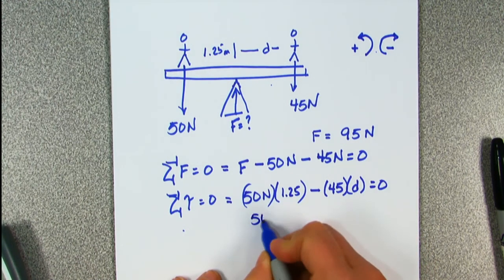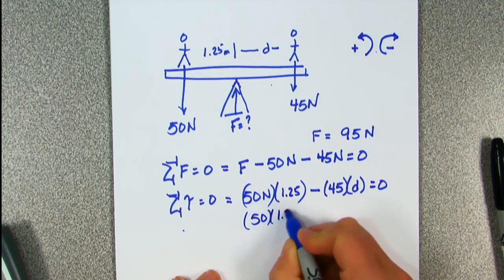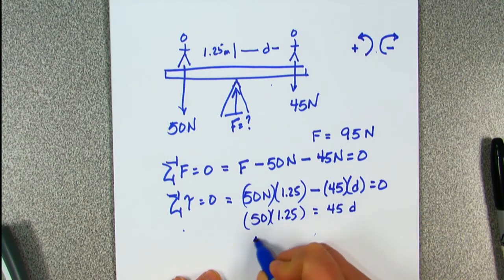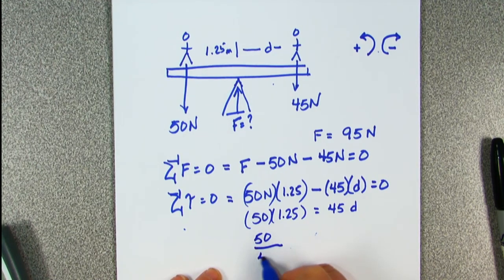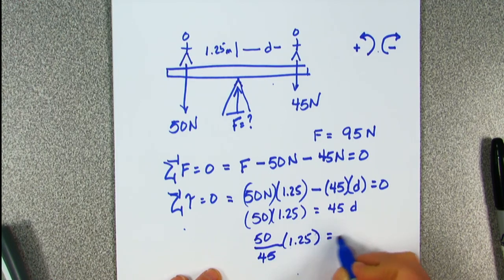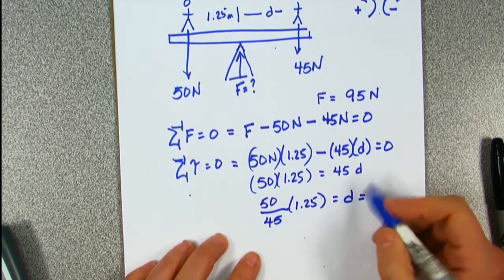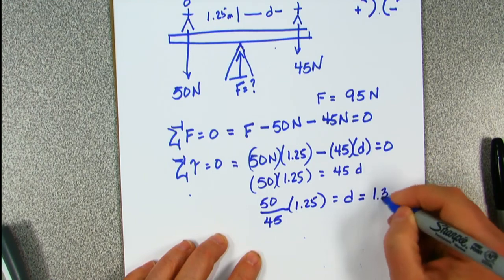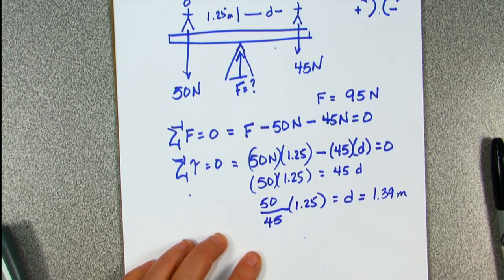This is 50 times my 1.25 is equal to 45D, and that becomes 50 divided by 45 times 1.25 is going to equal D, and that equals 1.39 meters.